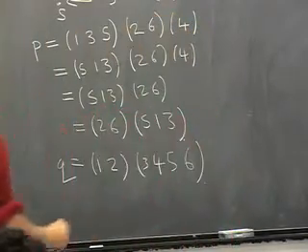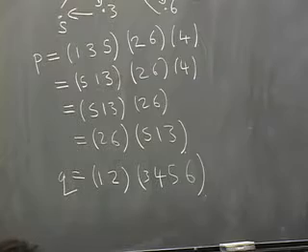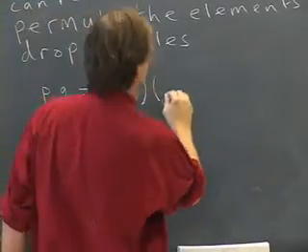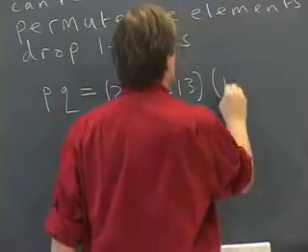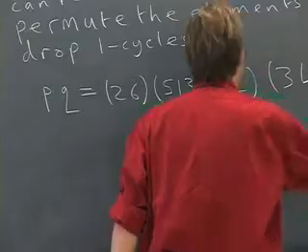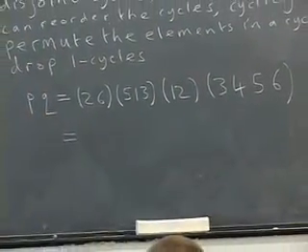So this is the cycle decomposition of Q. And you can calculate again the product PQ as, so it's 2, 6, 5, 1, 3 times 1, 2, 3, 4, 5, 6.